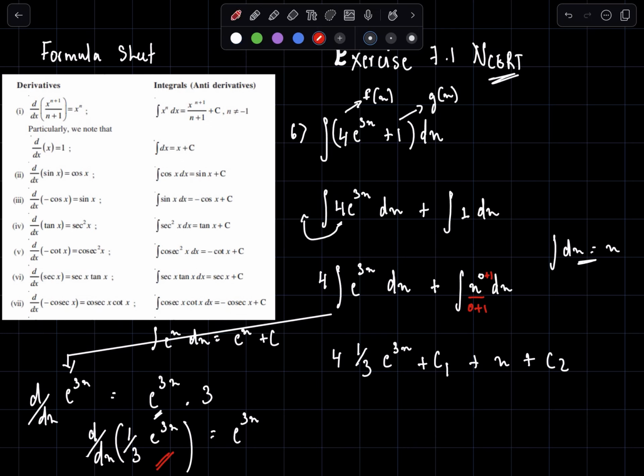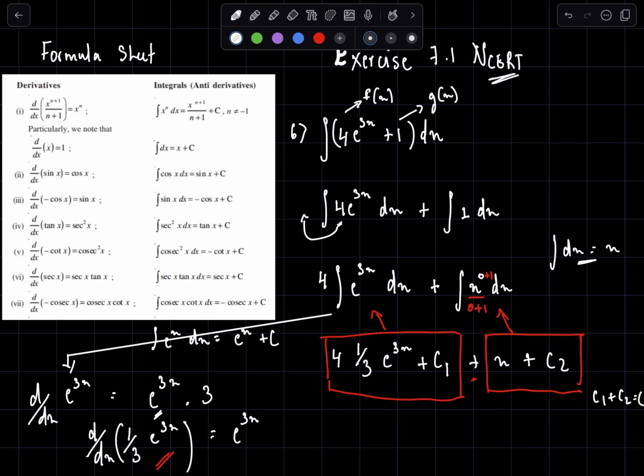So let's do this again. This is the integral value of this, and this is the integral value of this, and I'm adding them together. Now what I can do is say c1 plus c2 is equal to c, because eventually they're going to add to some constant value, correct?